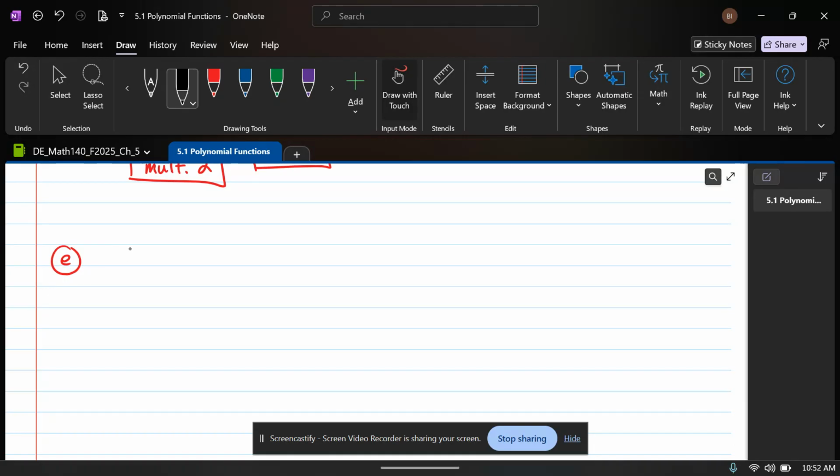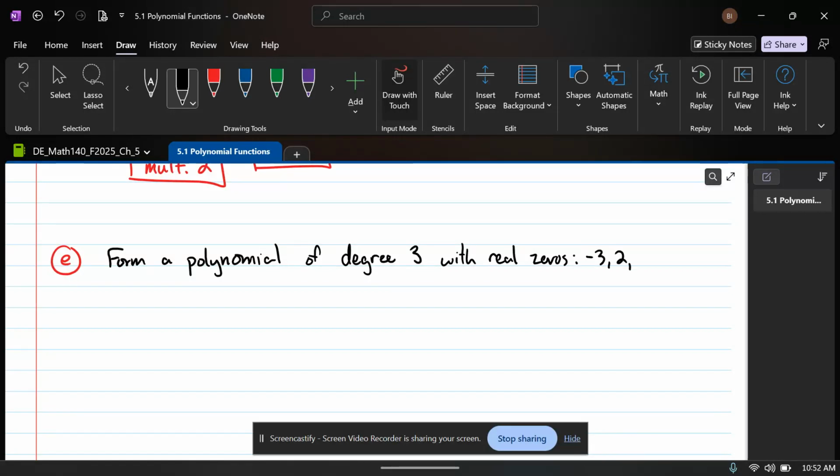So let's form a polynomial of degree 3 with real zeros -3, 2, and 5. Write in standard form. That's going to be your favorite part.